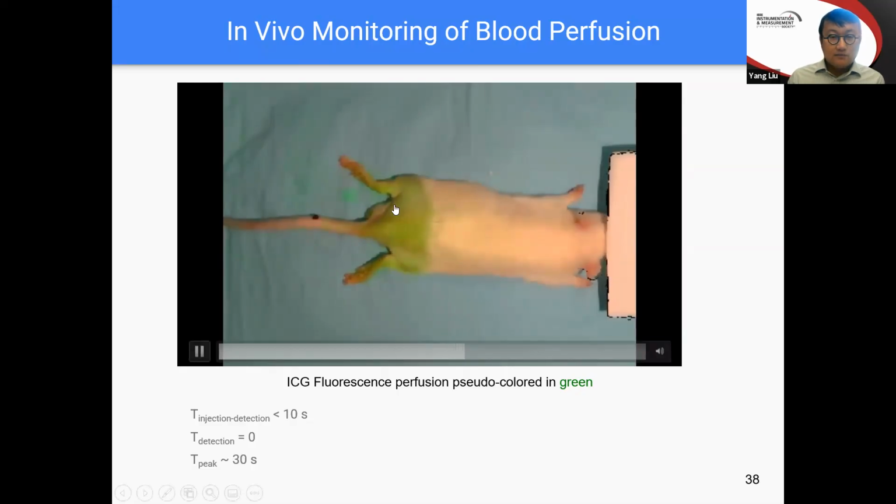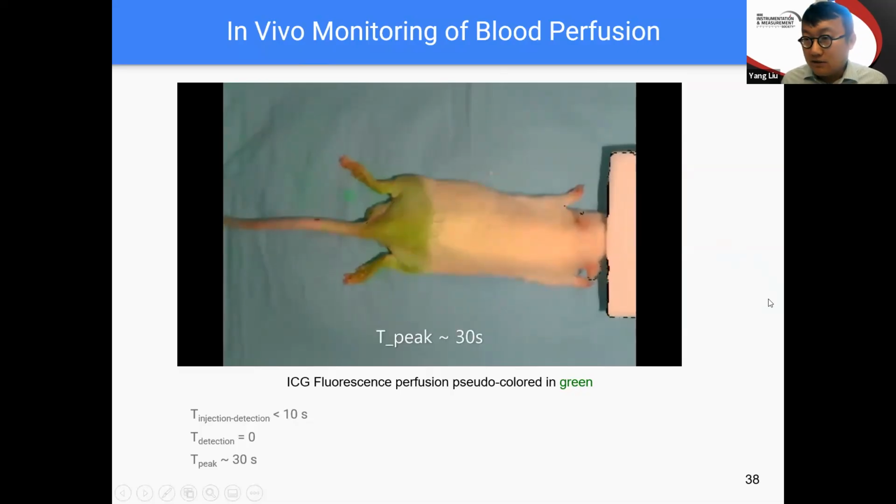As shown by the system, this area has a peak fluorescence around 30 seconds. And after that, the fluorescence value drops. Because the system is quantitative, we can make a plot of the fluorescence perfusion, which can shed additional light on the status of perfusion of this particular area of tissue.